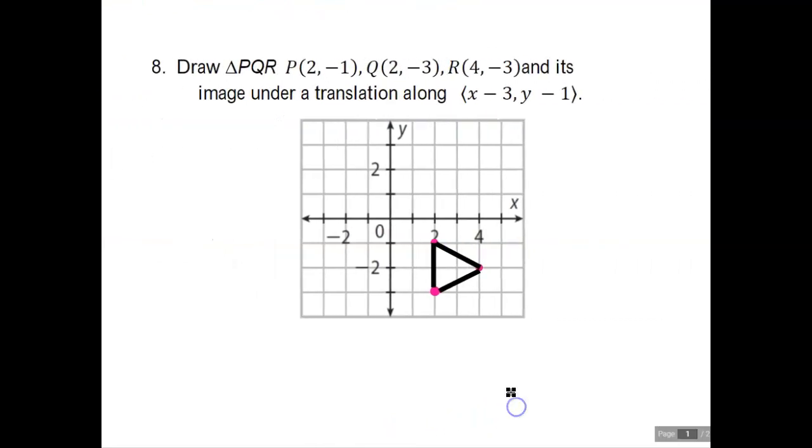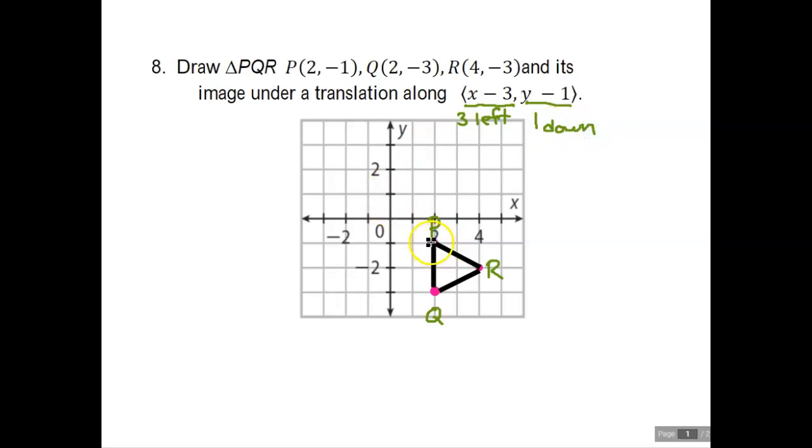Okay. Over here, same thing. We can just transform this. See, 2, -1, that'd be right here. So this is P. 2, -3, down here, this is Q, and this is R. So this is going to be 3 left and 1 down.